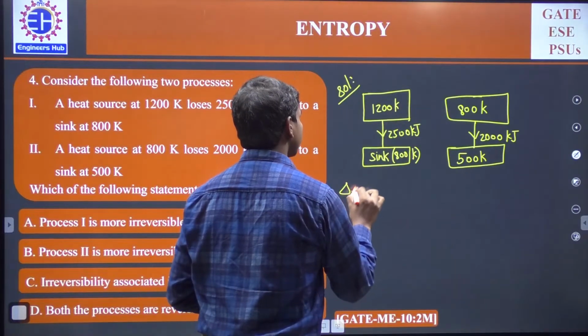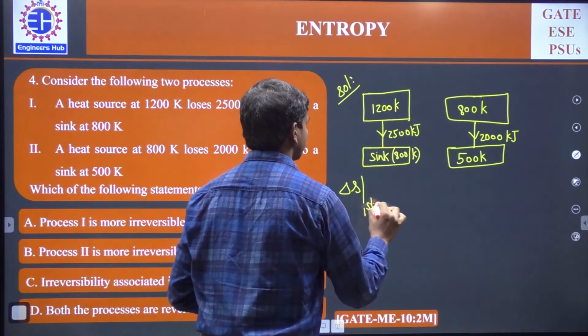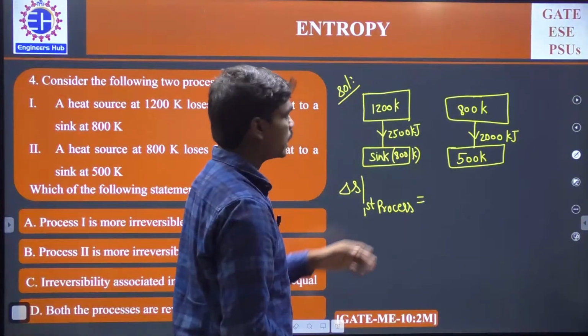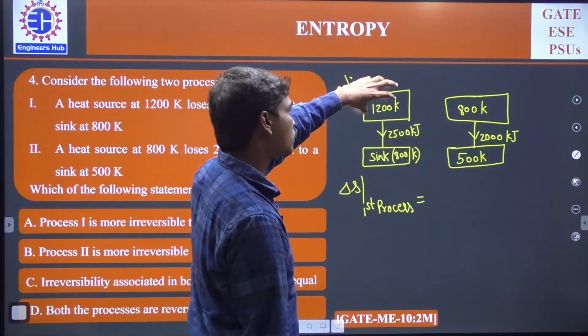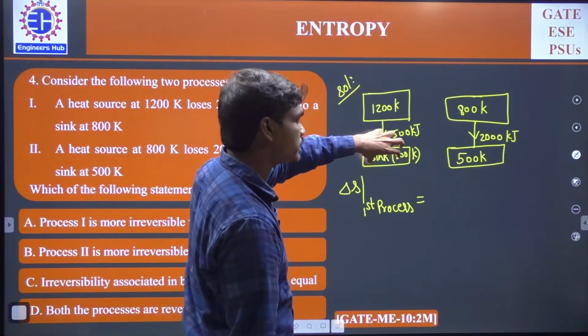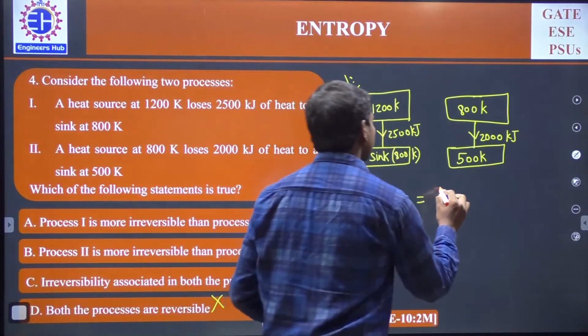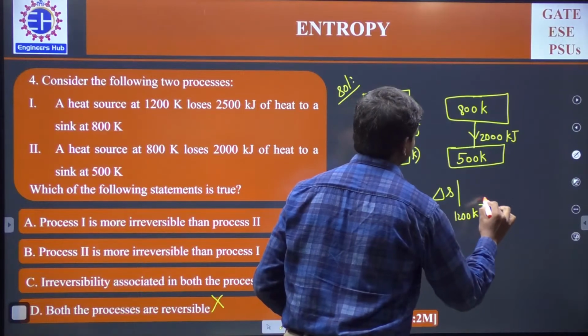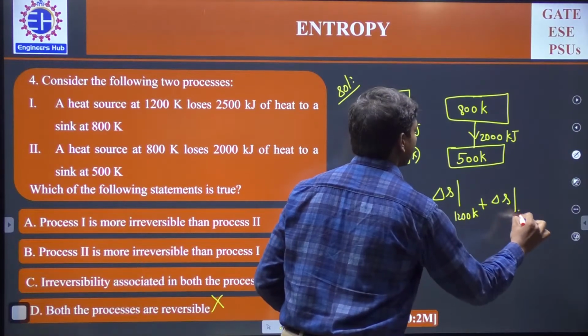If you want to calculate delta S for the first process, this delta S is nothing but the entropy change of this source plus the entropy change of this sink. So delta S of the 1200 Kelvin body plus delta S of the 800 Kelvin body.